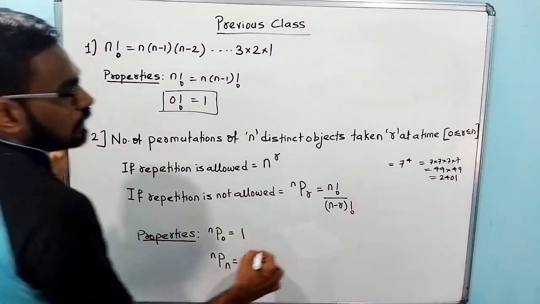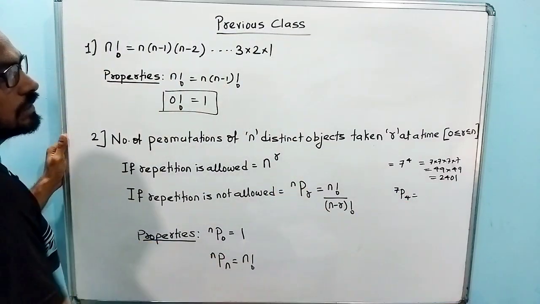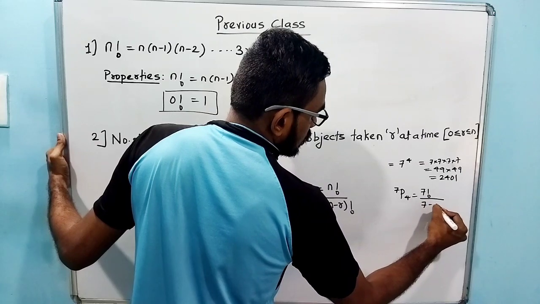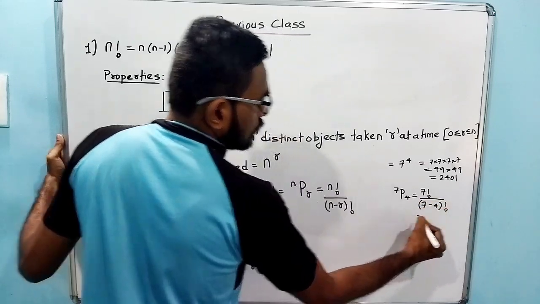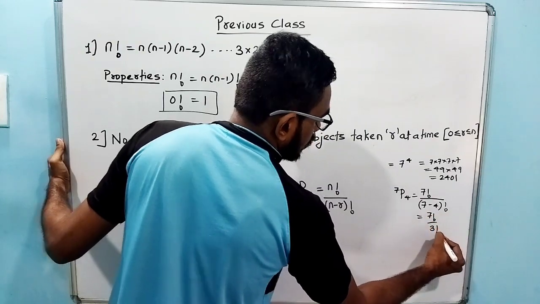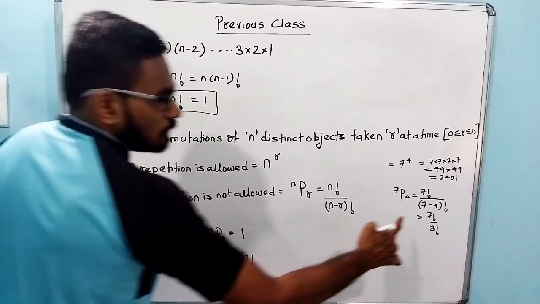Next, if the repetition is not allowed, then it is nPr. So 7P4 is equal to 7 factorial upon 7 minus 4 factorial, which is 7 factorial upon 3 factorial. Same way as we did here, we have to reach till here.